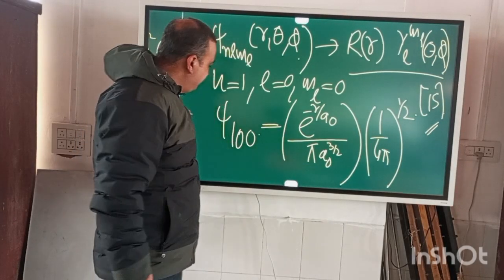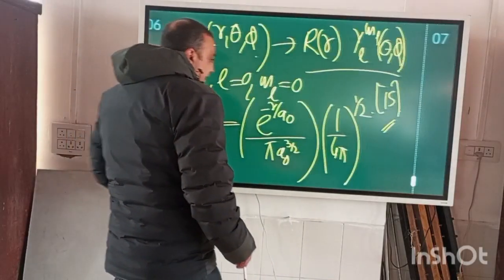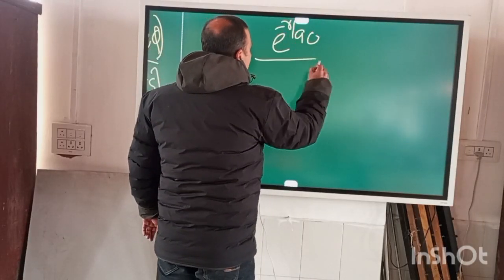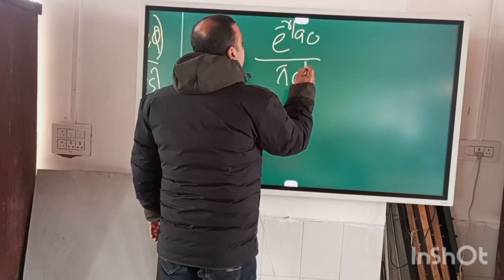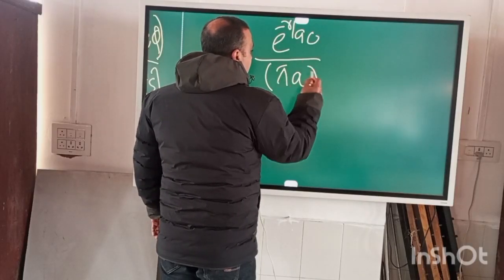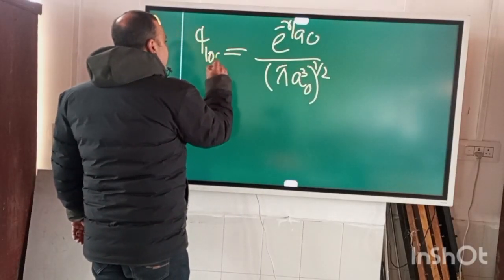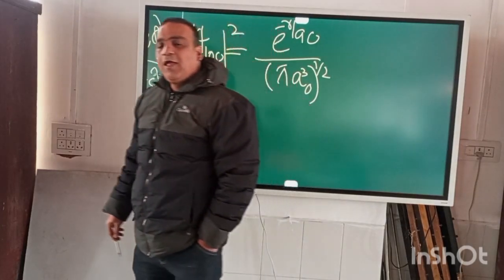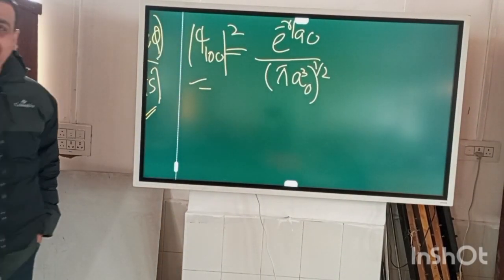The radial part. So this is psi 1 0 0, and we have e to the power of minus r by a naught, by pi a naught cubed, to the power 1 by 2. This is psi 1 0 0 whole square. So what I have calculated is the probability density, right?